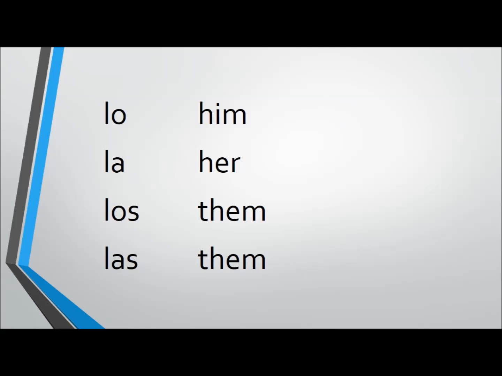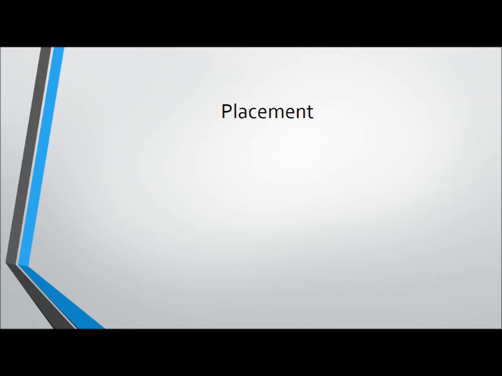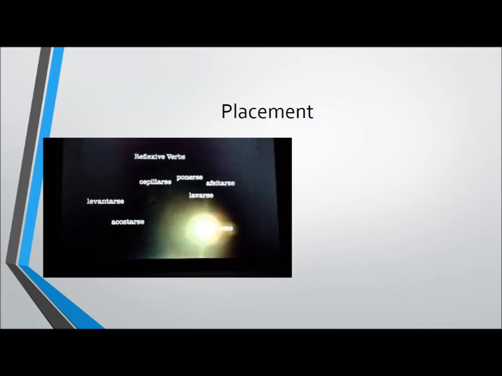So now that we've discussed when to use them, we know what they mean, we need to figure out how to use them. So basically we need to talk about where do we put them. So we're going to talk about a couple placement rules. Now you may remember when I made you watch the reflexive verbs video last semester, there were 2 placement rules for the reflexive pronouns. Both of those placement rules are the exact same rules for the direct object pronouns, the lo, la, los, or las. Do you remember them?